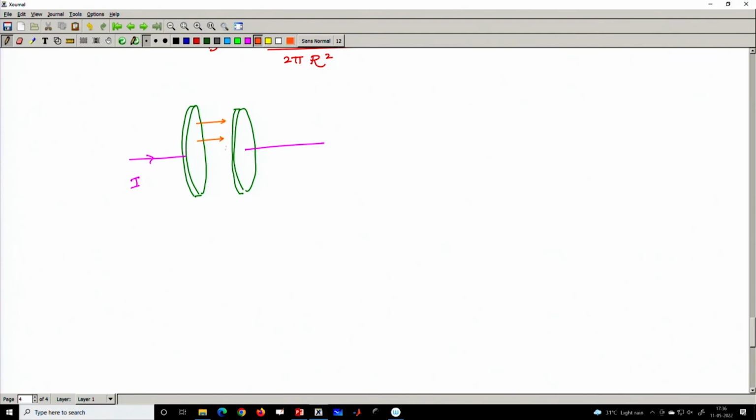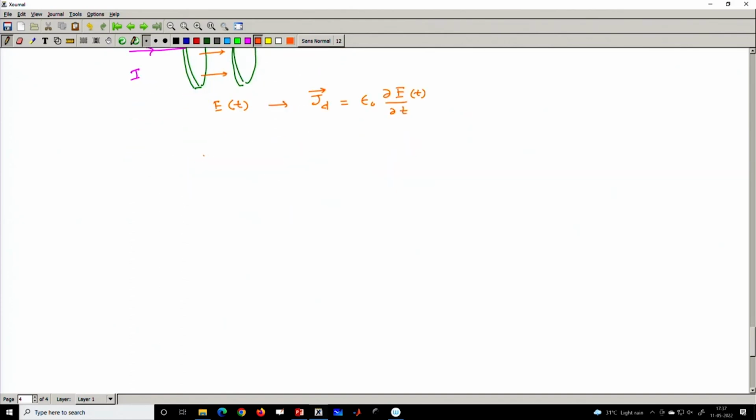We had an electric field in between this region, and this is a time varying electric field, which gives rise to the displacement current density JD, which is simply epsilon 0 times the rate of change of the time varying electric field, and this basically gives rise to the magnetic field with this formula.